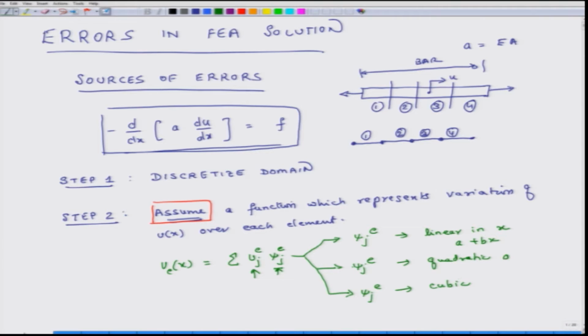If it is quadratic, it will be something like a plus bx plus cx squared. If it is cubic, then the function will be a plus bx plus cx squared plus dx cubed. Which type of psi_j we choose depends on our assumption, and the nature of this assumption introduces an error into the solution.